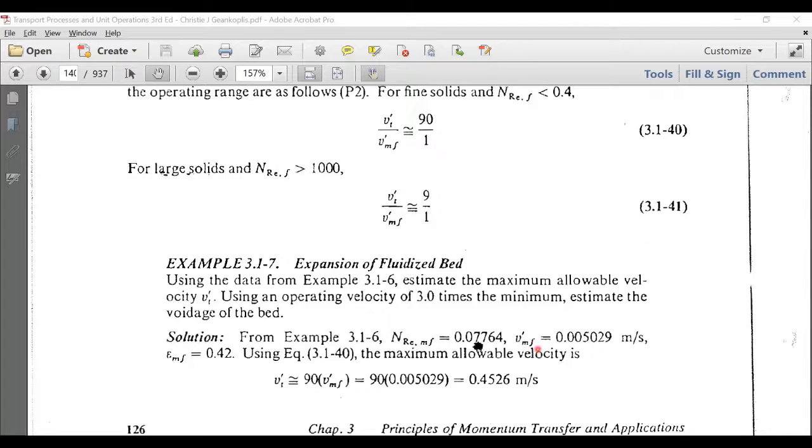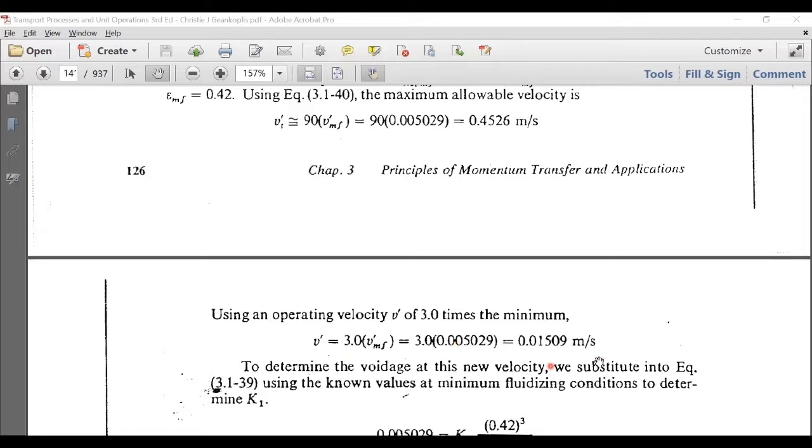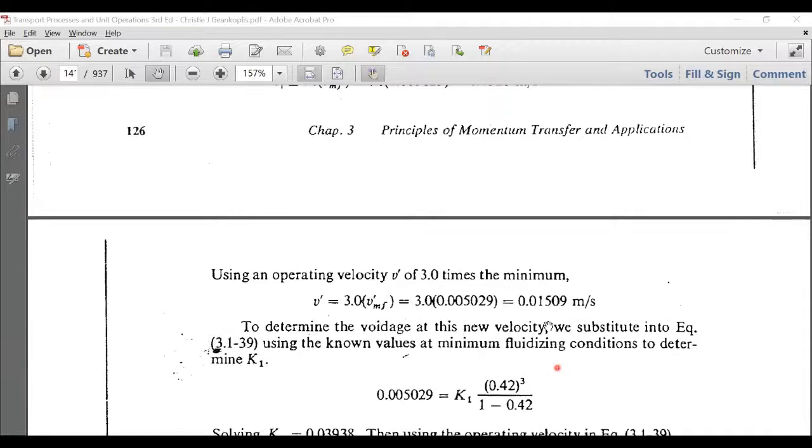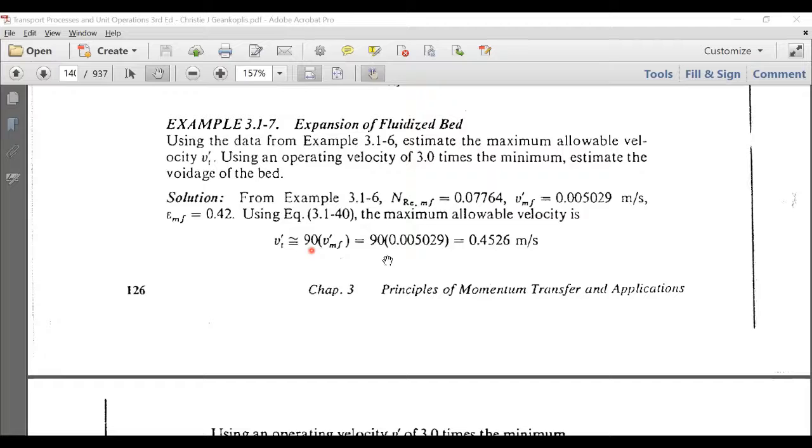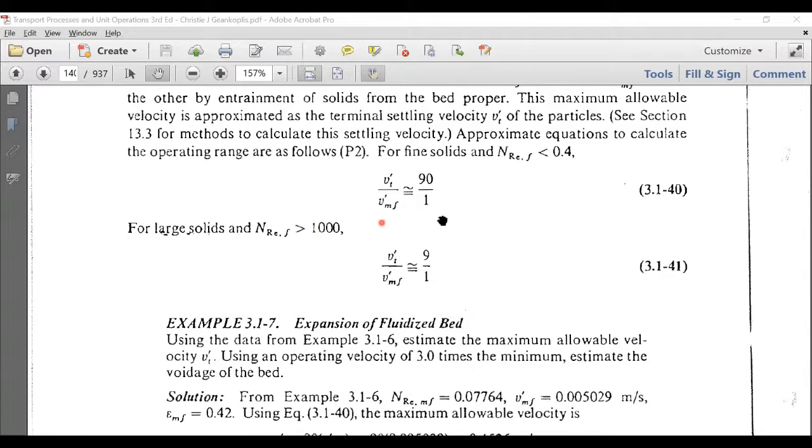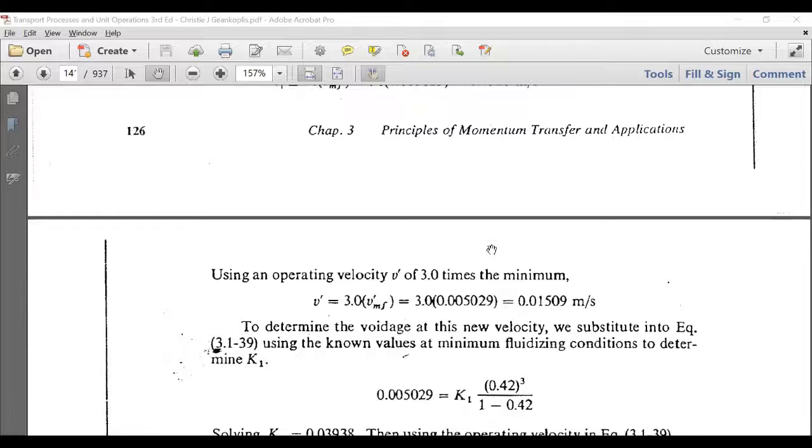However, after we know the operating velocity, which is 0.01509, we have to check by using the NRe,f equation. And if it's still less than 0.4, then your assumption is correct. So the calculation by using 3.140 is correct.